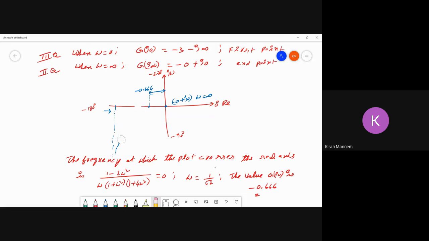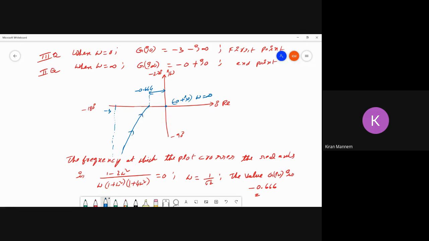So draw the smooth curve. So it is something like this, right?